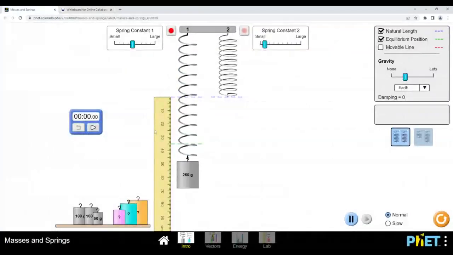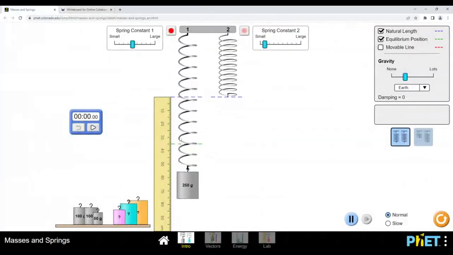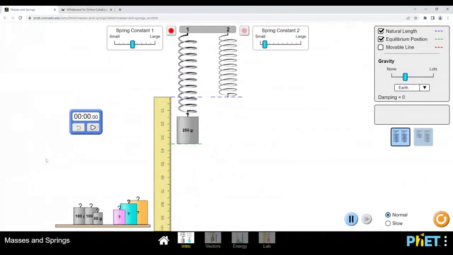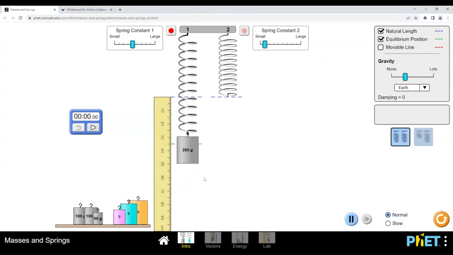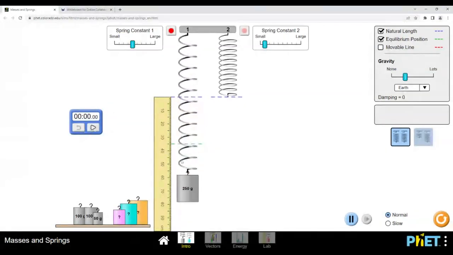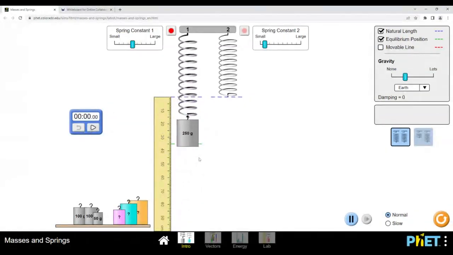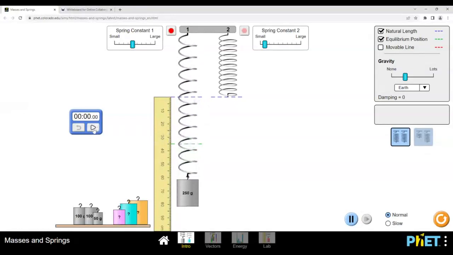Okay, so I left this thing moving this time because I knew we were going to have to come back and run the stopwatch anyway. Good news is the way these lines are set, we don't have to worry about technically stopping that in the first place. Okay, so we want to run 10 oscillations. Again, we want to find one of the extrema, either the highest or lowest point, and then measure from there.